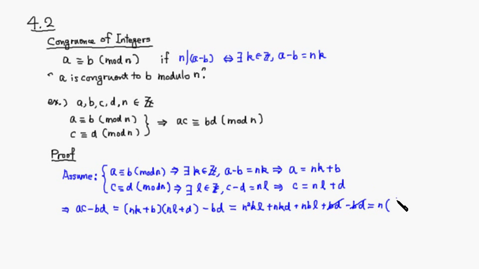You will have n times kL from the first term, kD from the second, and the last one would be BL.